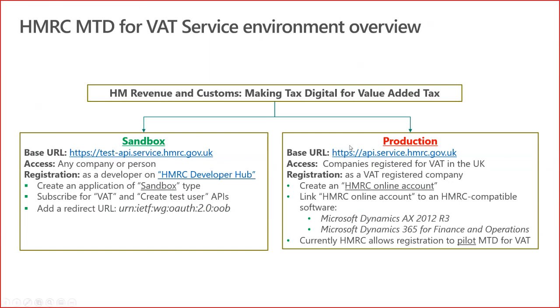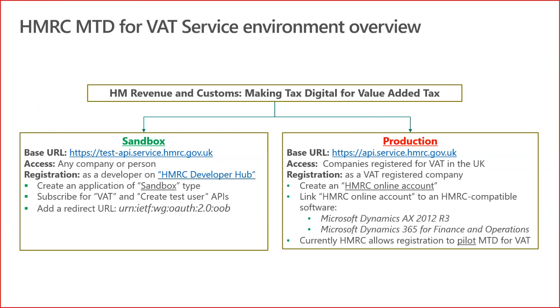As for the production, when a company decides or is already obliged to report via MTD for VAT in real life, this company will need to go to the HMRC web portal and create its own HMRC online account. It requires a VAT registration number in the UK. And even if a company has already signed up for income tax, they will have to register for VAT via MTD.